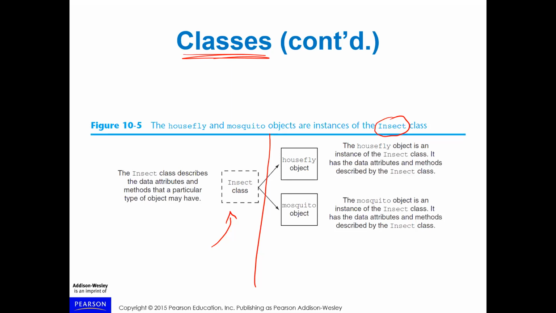The housefly object is an instance of the insect class. It has the data attributes and methods described by the insect class. The mosquito object is also an instance of the insect class, with the data attributes and methods described by the insect class. That's pretty important.